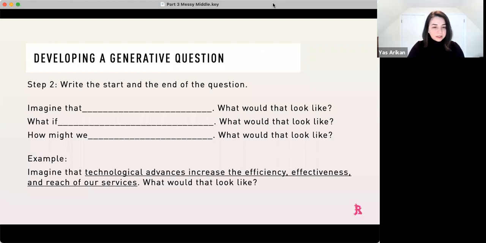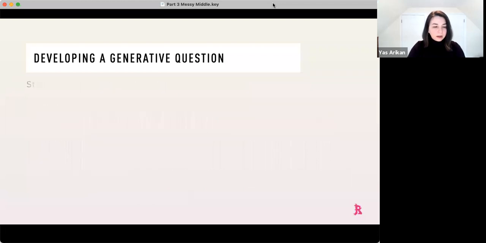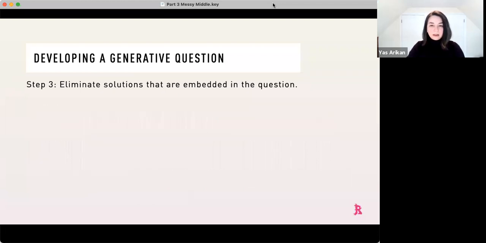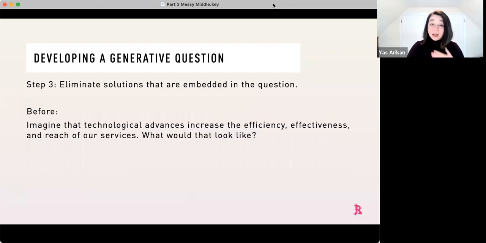So this was step 2. Let's move on to step 3. There's a tendency to embed the solution inside the question. Let me show you an example. My example does that. So before it was, imagine that technological advances increase our services, right?